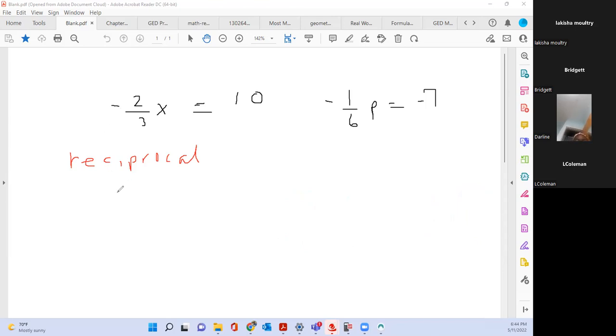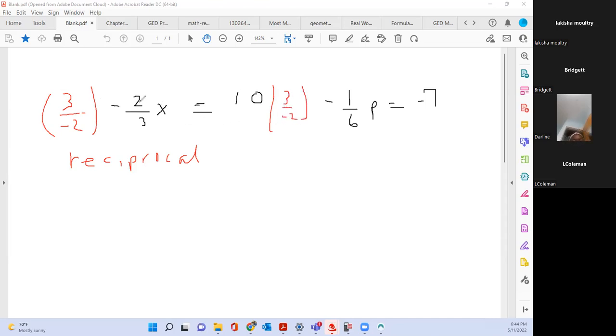What's the opposite of multiplication? The opposite of multiplication is dividing by -2. The opposite of dividing by 3 is multiplying by 3. This is where the reciprocal comes in. This is why you multiply it by the reciprocal, because you're doing 2 operations at the same time.